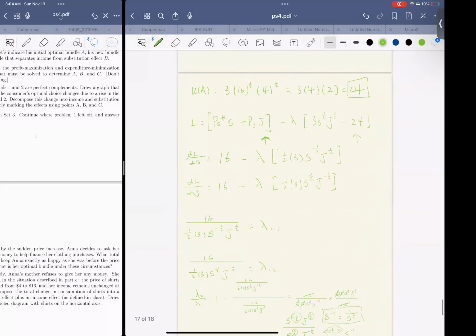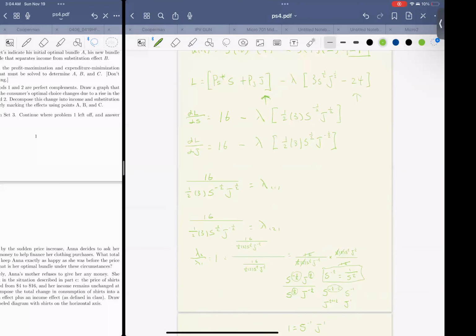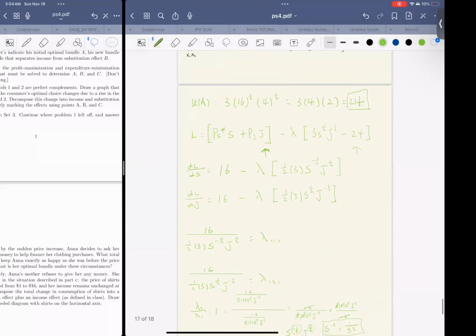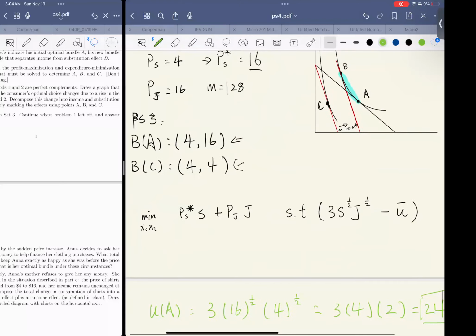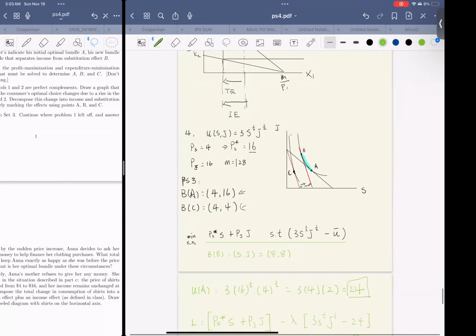I hope this didn't confuse anyone. We're trying to find point B, and we got point B. When we do the minimizing problem, we get bundle B: shirts and jeans equal 8. So our new bundle is 8 and 8.